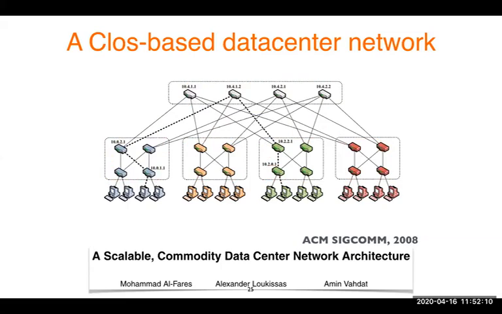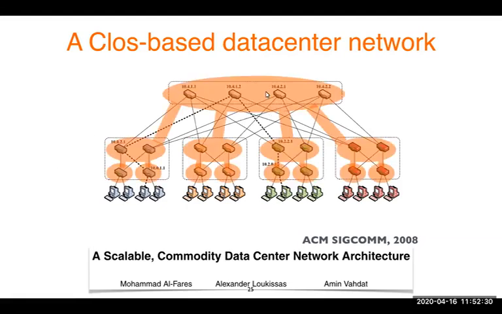One point I wanted to make is that when you talk to many people, they'll say that data centers build fat tree networks. This is an unfortunate consequence of the confusion when this paper was published. In this paper, they said they were using the Clos network to emulate a fat tree network, and then they continued to call it a fat tree network. Logically, if you say the root is that entire top level of switches, and the next level in the tree is just aggregating different numbers of switches at each level, then as you can see, the links get fatter at the top.